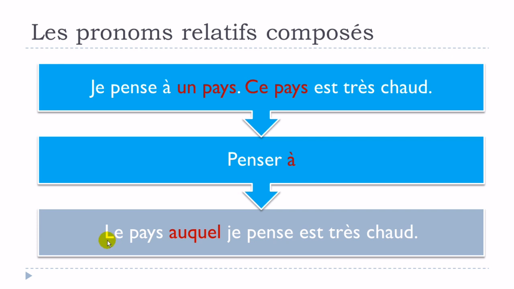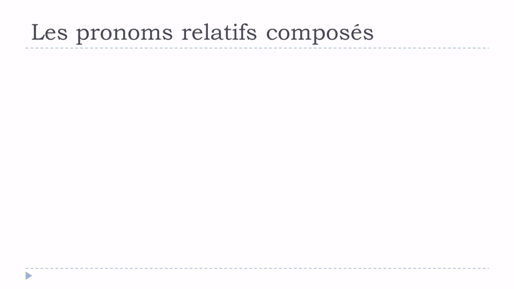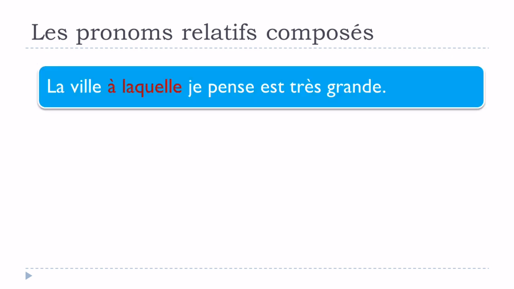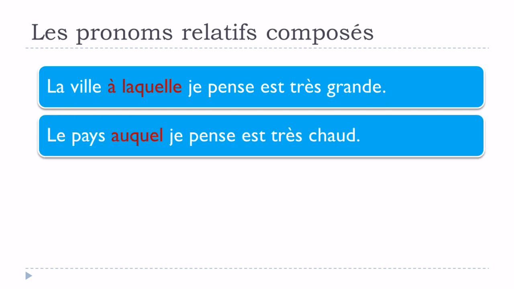And you get your sentence: le pays auquel je pense est très chaud. So, for the singular feminine, we've got la ville à laquelle je pense est très grande. Then, masculine singular: le pays auquel je pense est très chaud.